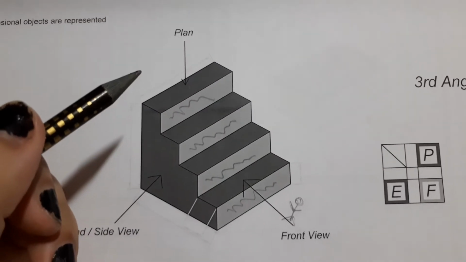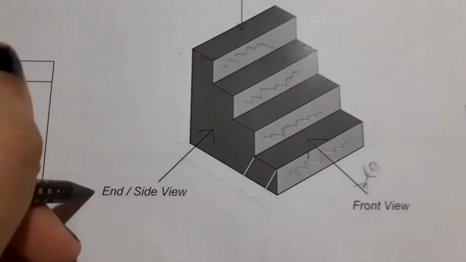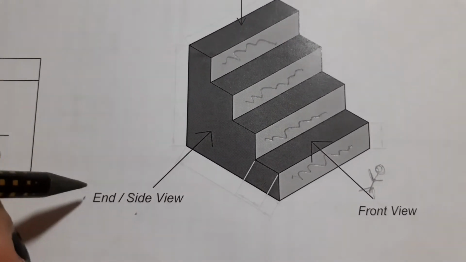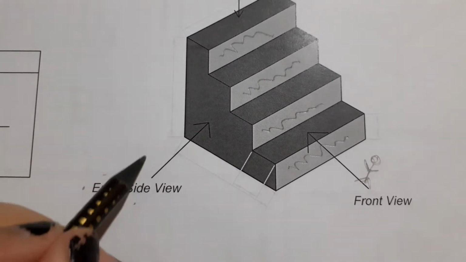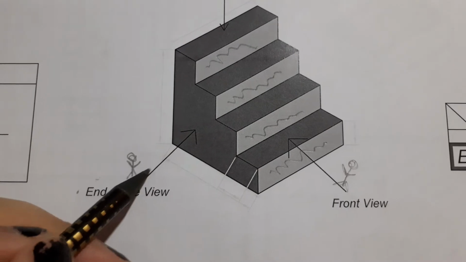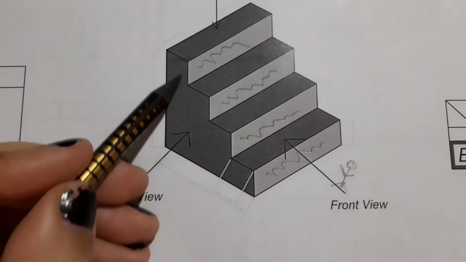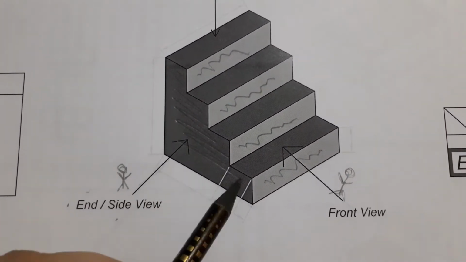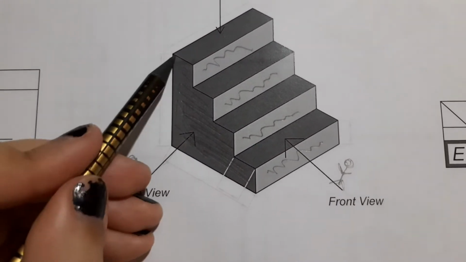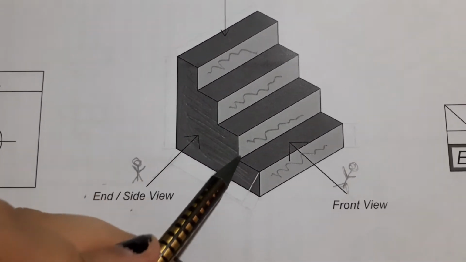Then we'd have another view called the end view or the side view. The end view is what you see when you're standing from over here. So what you would see from here is this diagram. Just this. Okay?